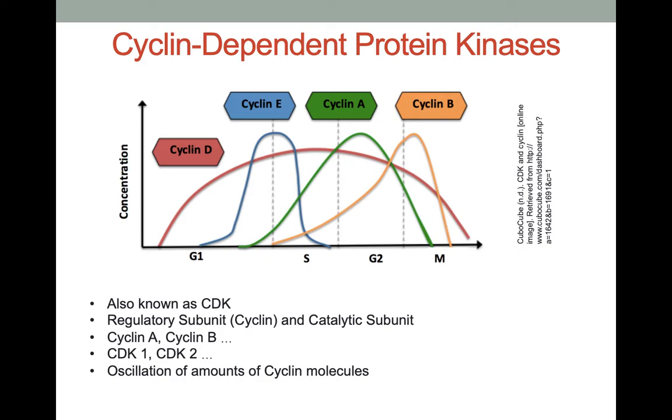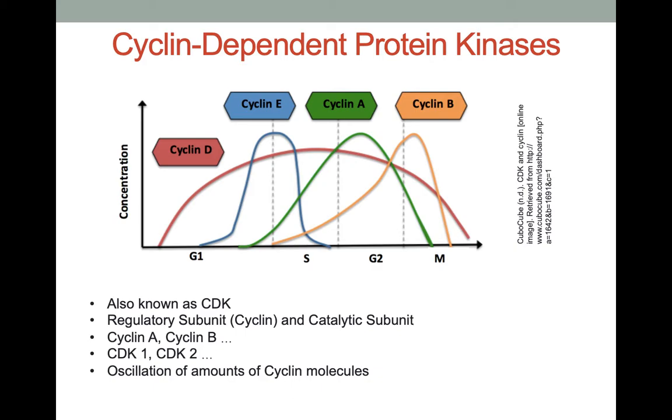There are 4 ways we can regulate our CDKs here. We can phosphorylate or dephosphorylate the CDK molecule itself. Secondly, we can control the degradation of cyclin subunits. Next, we can monitor the synthesis of CDKs and cyclins.